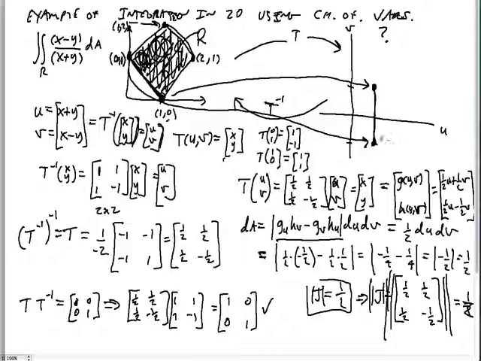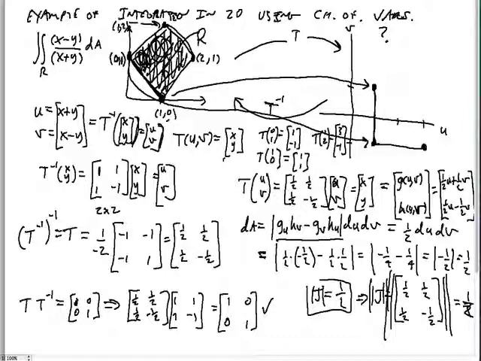Then finally, we have 1, 2. I put T of 1, 2 in there, and that gives us 3 and then negative 1. So I count out 3 here, and then negative 1 in the v direction, and those are connected.